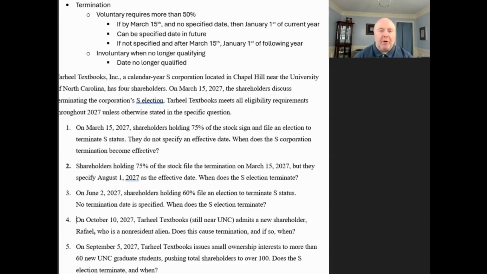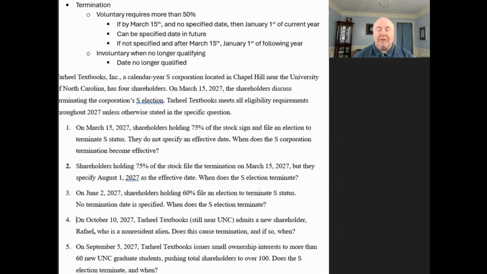So if on March 12th of 2026 the termination was made, and there was no future date specified, it's going to be terminated on January 1st, 2026, because we go back to the beginning of the year. It'll go back to January 1st if no date is specified.